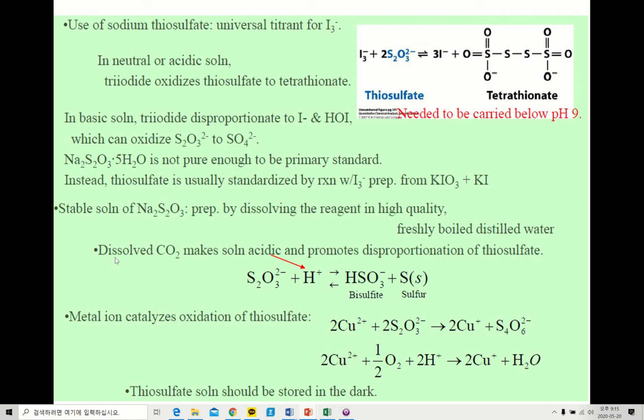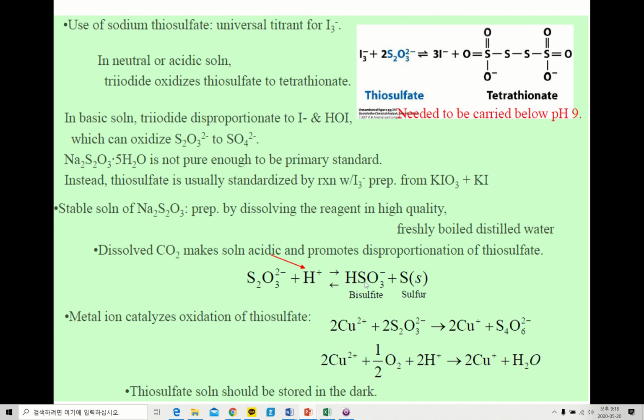Dissolved CO2 makes the solution acidic and promotes disproportionation of thiosulfate. This one also undergoes disproportionation by this reaction. This sulfur oxidation state is +2, and it disproportionates into two species: bisulfite and sulfur.